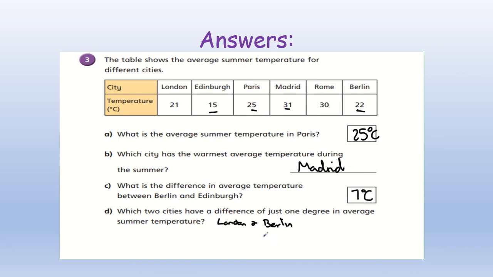Or you could have Rome at 30 degrees and Madrid at 31. London, Berlin, or Rome and Madrid. How did you do with this? Great work.